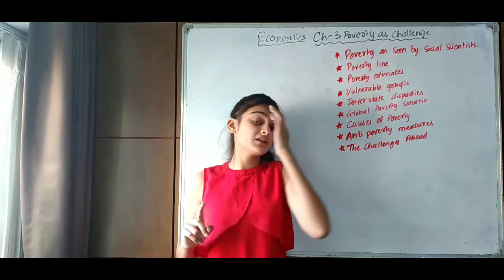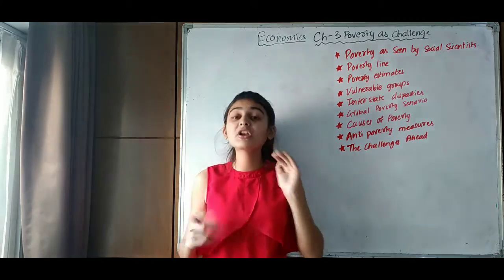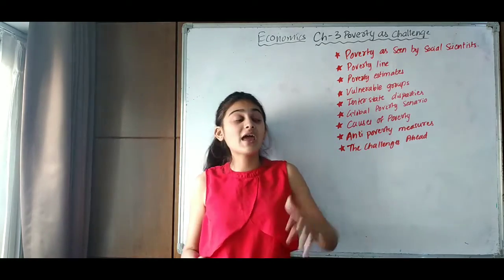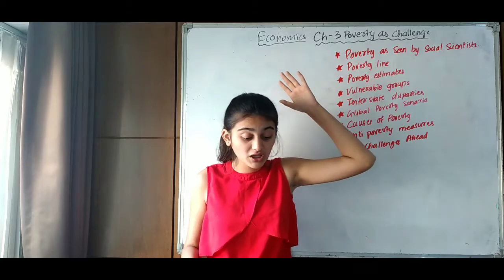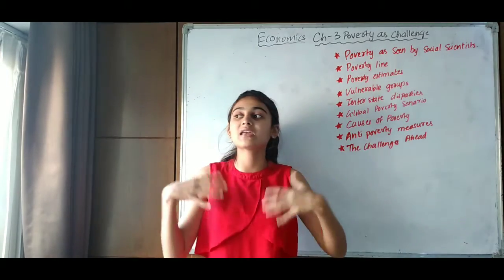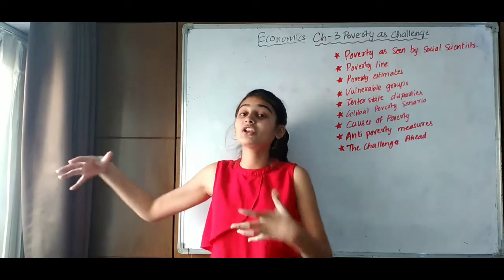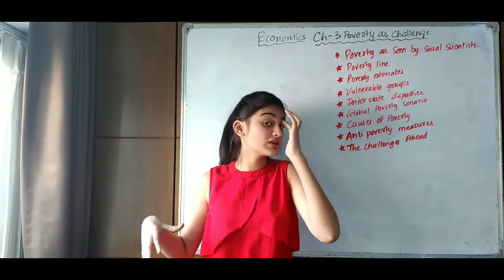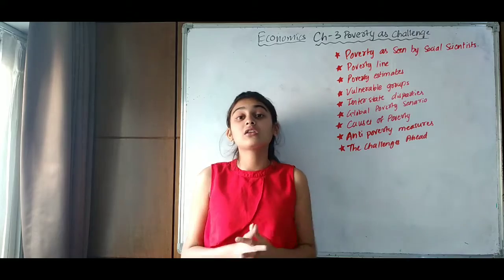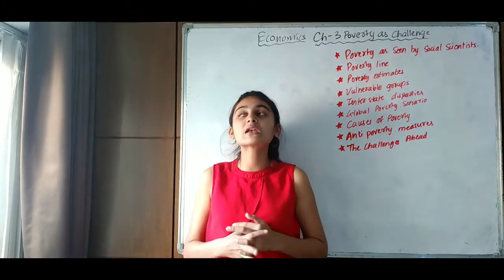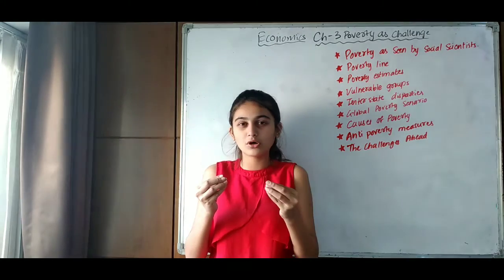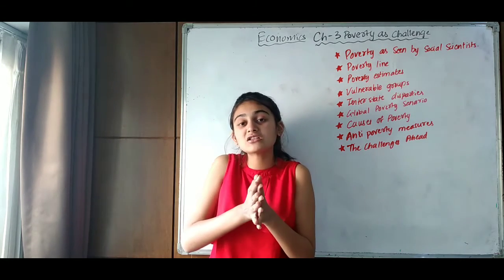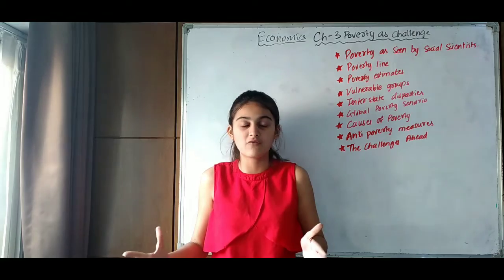Then the global poverty scenario. If we take some countries such as China, it has declined its poverty by huge margins as they were working on improving human resources. In some countries like the USA, poverty is already low and is becoming negligible nowadays.